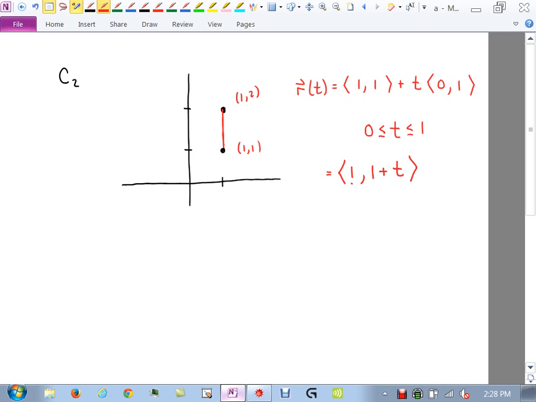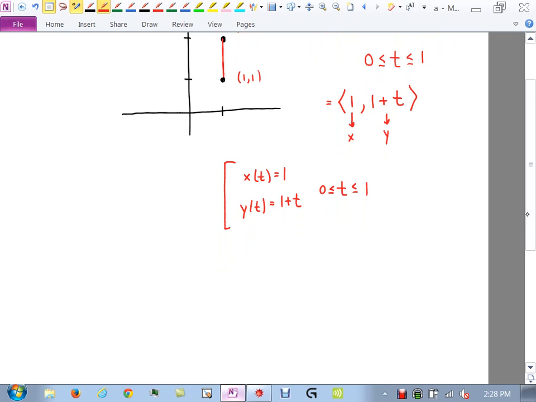And isn't this the x component, and this is the y component? And therefore, those are my parametric equations. I have that x of t is 1, and y of t is 1 plus t, and t is between 0 and 1. That's the first thing we need for C2.